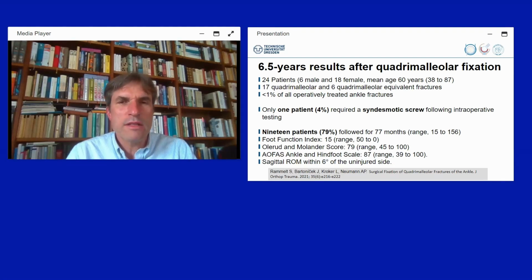And 17 of them really had an anterior tibial fragment, 6 had an anterior fibular fragment, and only 1 of those patients in the end, after testing the syndesmosis, was thought to require another independent syndesmotic screw. All the others were judged stable, and you see the results compare very well to bimalleolar or trimalleolar fractures in these patients.